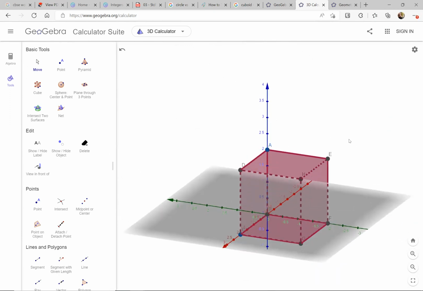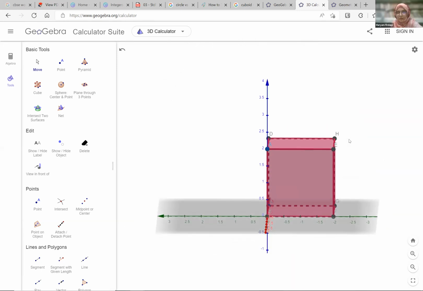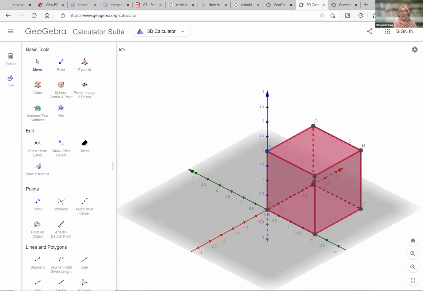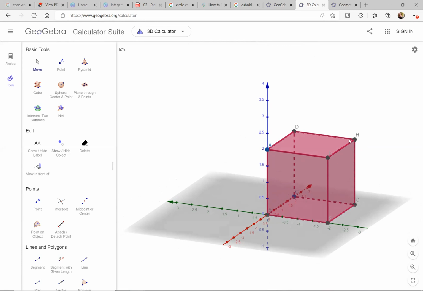Are you able to see this? Yes. Okay. Does it look like a three-dimensional thing to you? Does it look like, you know, a Rubik's Cube? Does it look like something that can hold something in it? Yes. Okay.